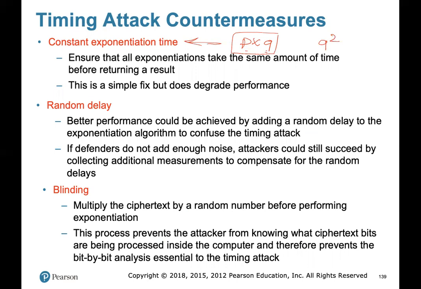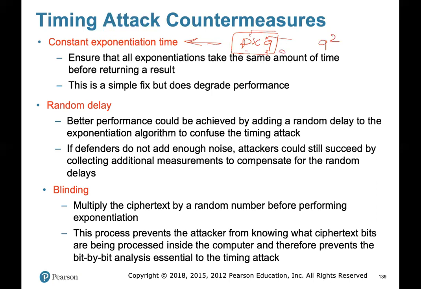The reality is, when processors want to do that, the amount of time that it takes for a multiplication or for exponentiation is heavily related to the values. For example, if one of them is 1, the multiplication is going to be very easy.